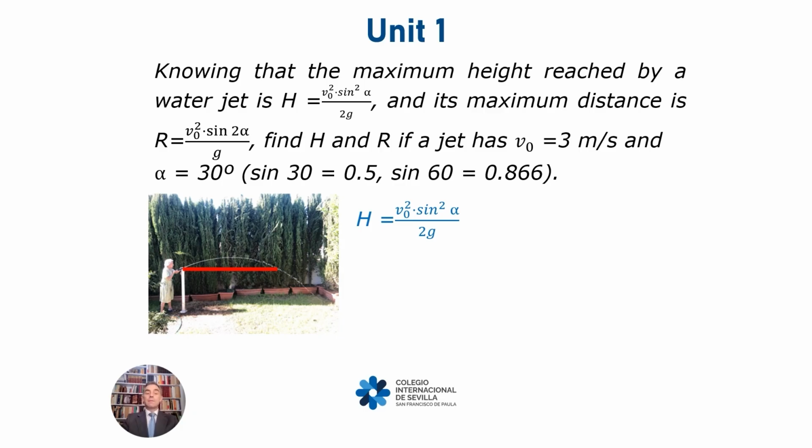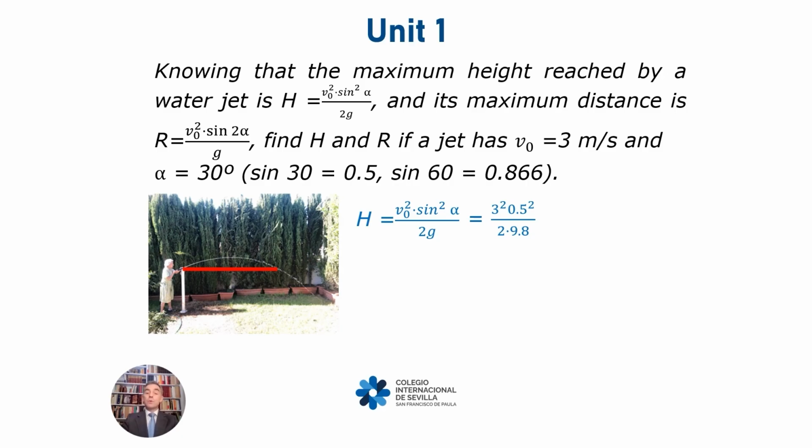As said, V0 squared times sine squared of alpha divided by 2g. We replace the values. V0 squared is 3 squared. The sine of 30 is 0.5, so the sine squared is 0.5 squared divided by twice 9.8, which is the value of gravity.